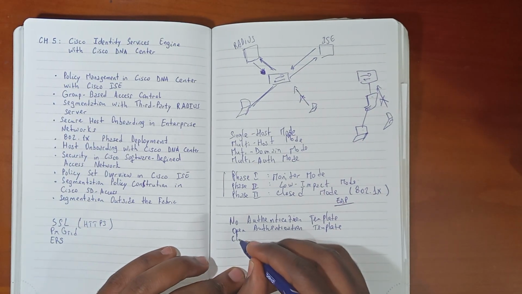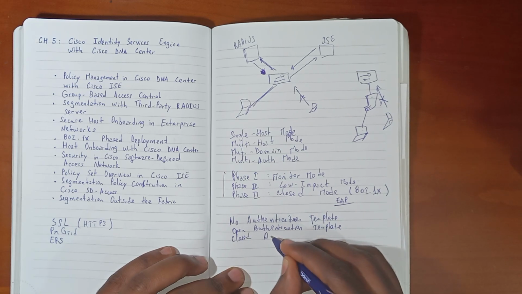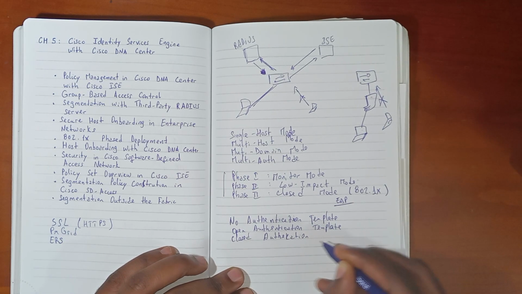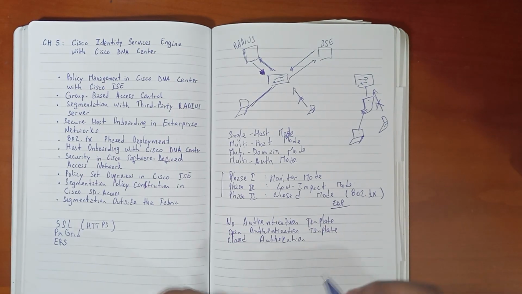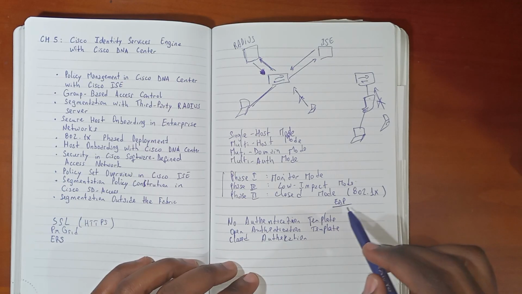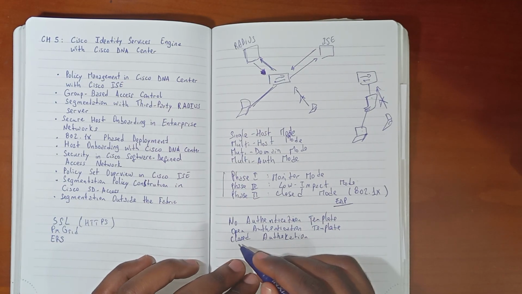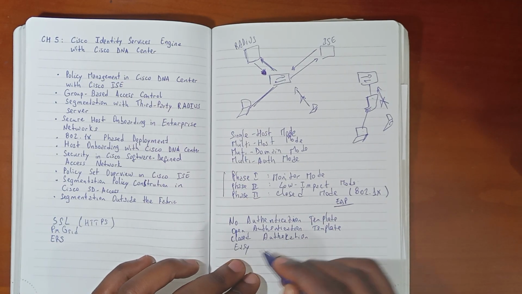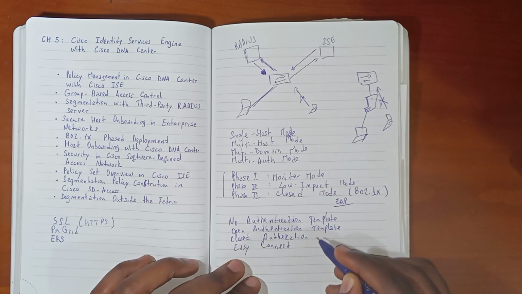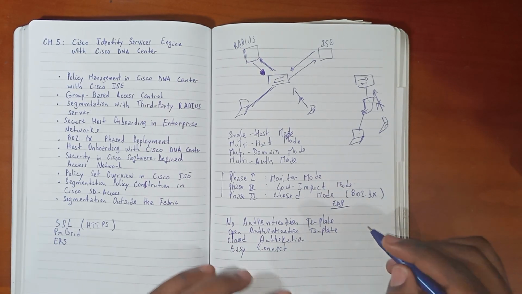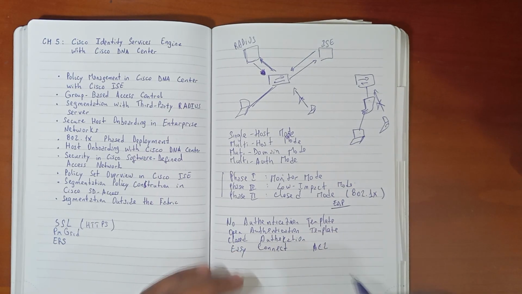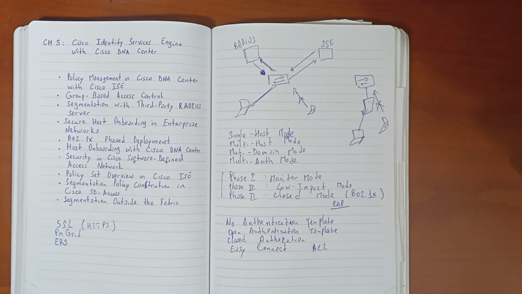Then we have the closed authentication. It looks like the closed mode, where the only traffic that we have is the EAP traffic. And we have Easy Connect, which is like low impact mode, where we have a specific ACL, access control list, with restrictions on access to our infra.